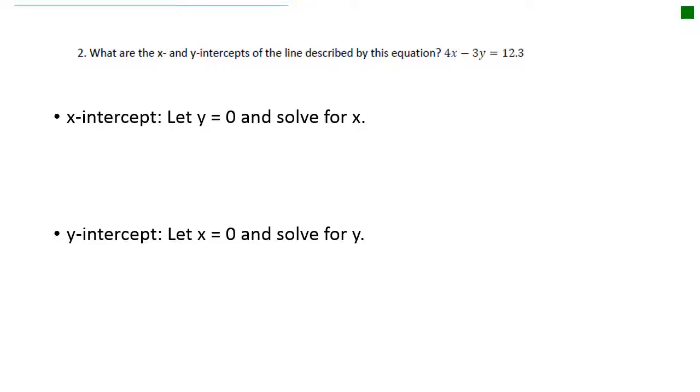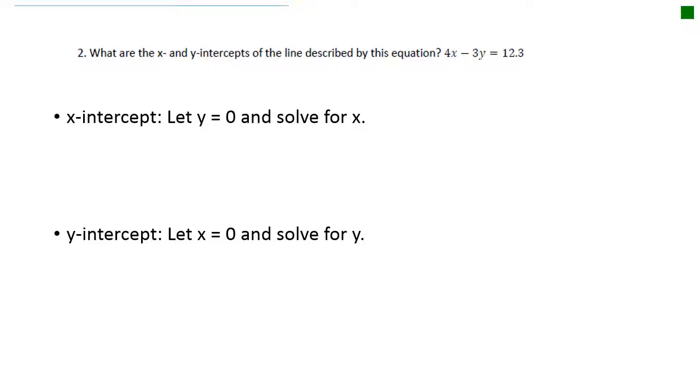For number 2, the question is, what are the x and y intercepts of the line described by this equation? 4x minus 3y is equal to 12.3. We're first going to find the x-intercept, and in order to find the x-intercept, we're going to let y equal 0 and then solve the equation for x.